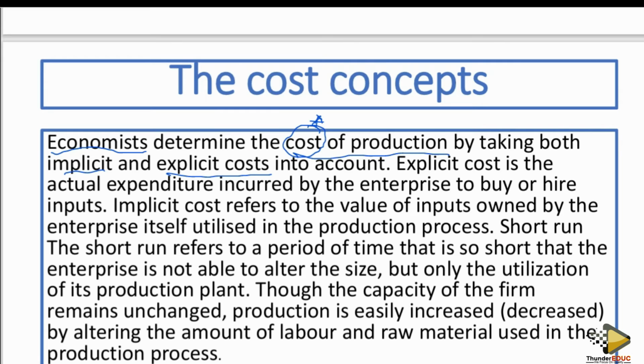When you talk of the price, we refer to the value of the product, the amount that has been charged by businesses to consumers on a product. That is the price. But when it comes to cost, we refer to what? We refer to expenses that are incurred by businesses to acquire vectors of production.